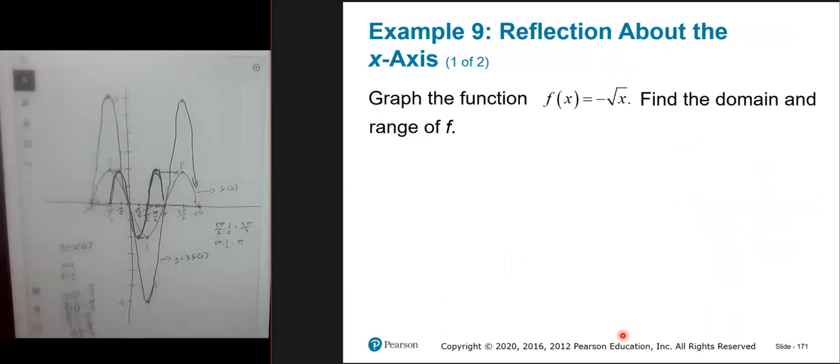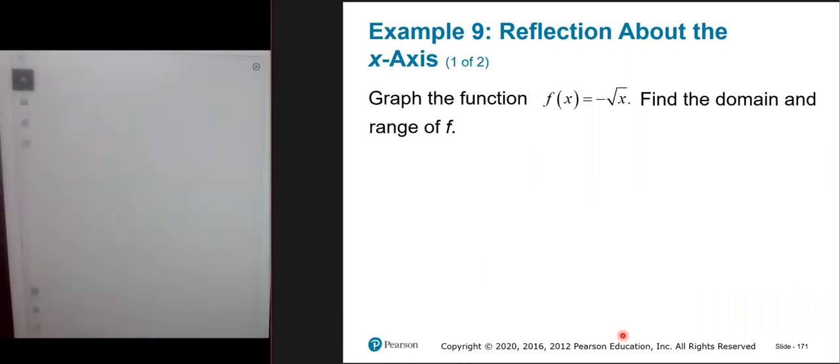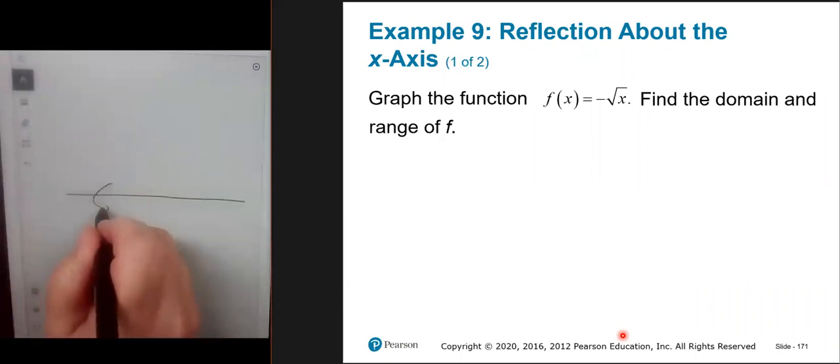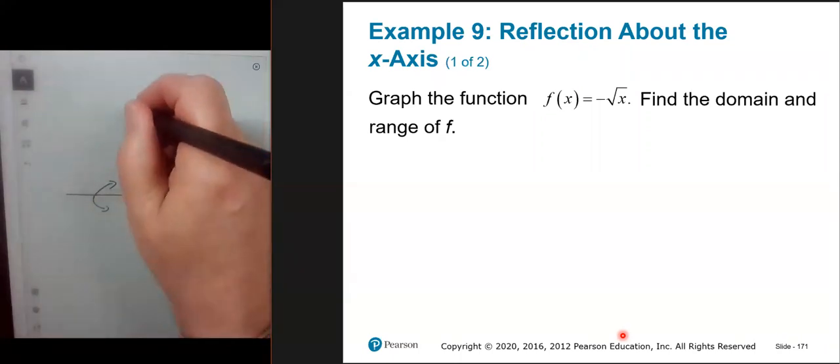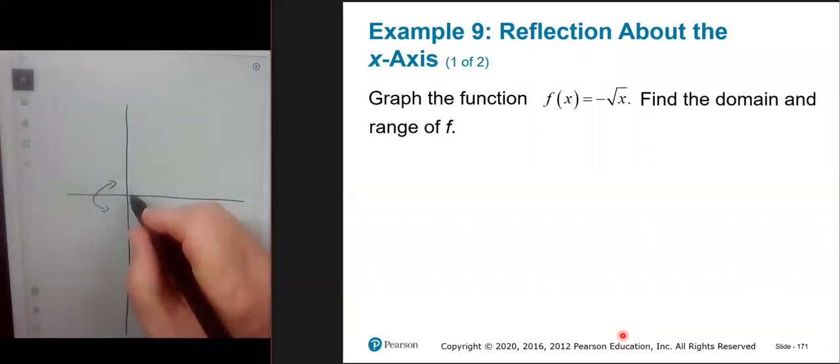Now we're going to talk about a reflection. A reflection about the x-axis means I'm just flipping it upside down. What was up is now down. What was down is now up. X squared goes something like that.